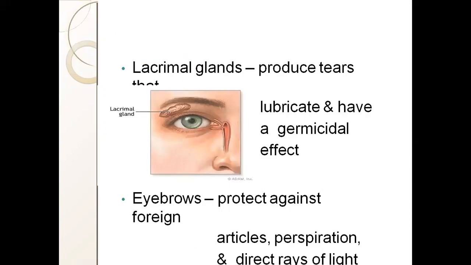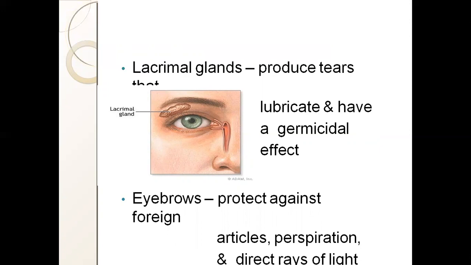Next is the lacrimal gland. The lacrimal gland produces tears that lubricate the eye and have a germicidal effect. What is the function of the lacrimal gland? It produces the tears, which are necessary for our eye.